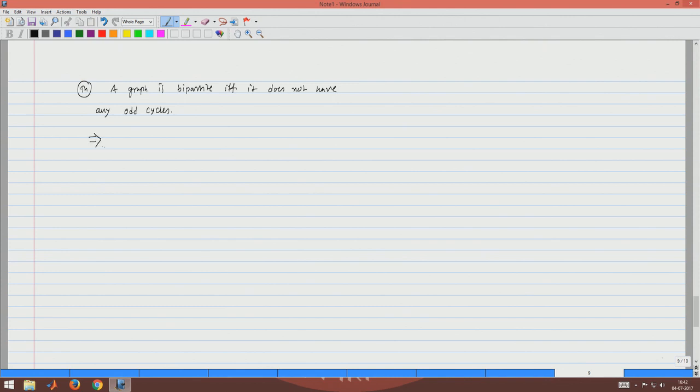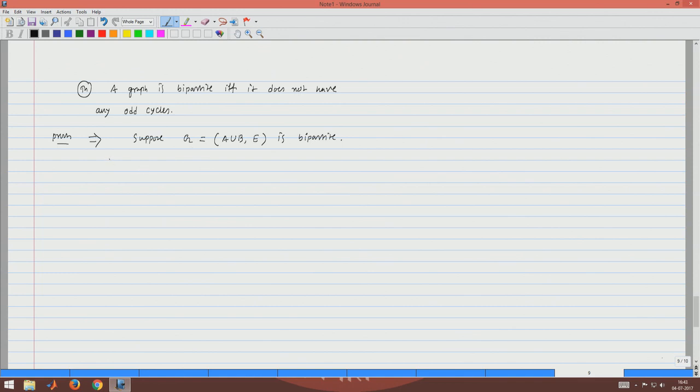So, we will prove this part first. So this is the proof. Suppose G = (A ∪ B, E) is bipartite. And then we have to prove that G has no odd cycle.